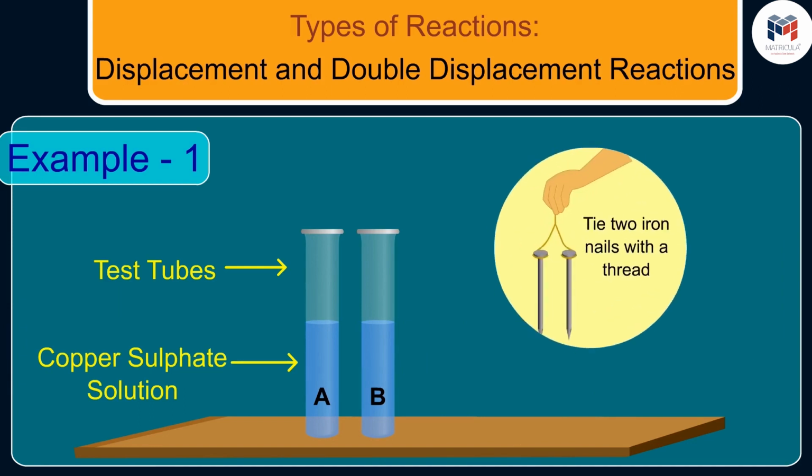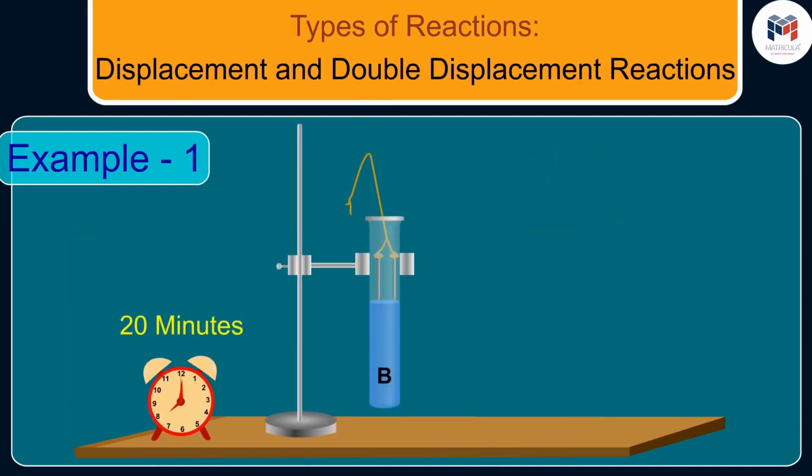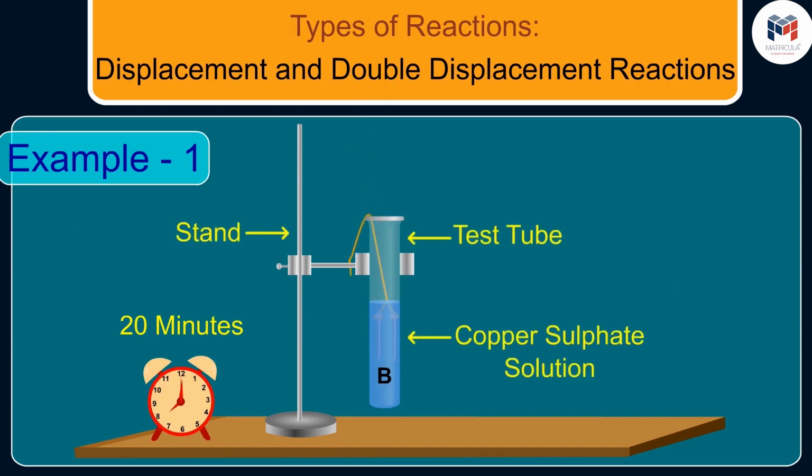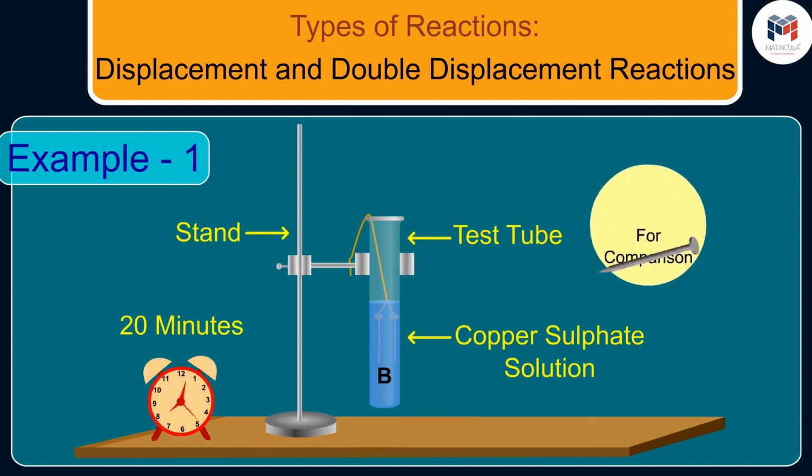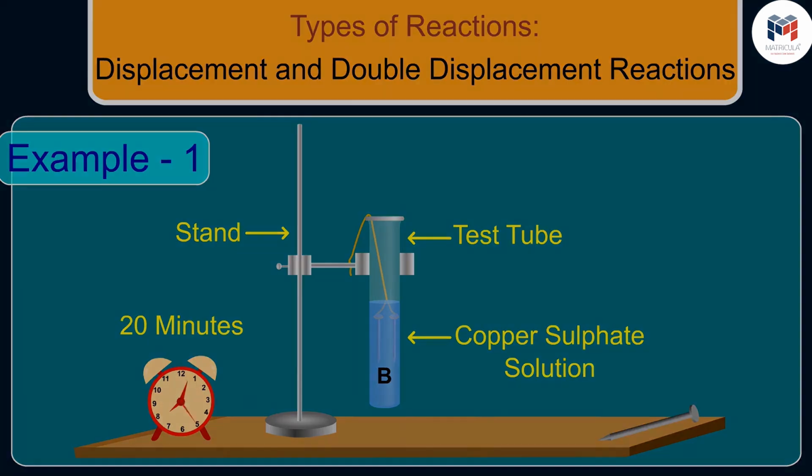Tie 2 iron nails with a thread and immerse them carefully in the copper sulfate solution in test tube B for about 20 minutes. Keep 1 iron nail aside for comparison.